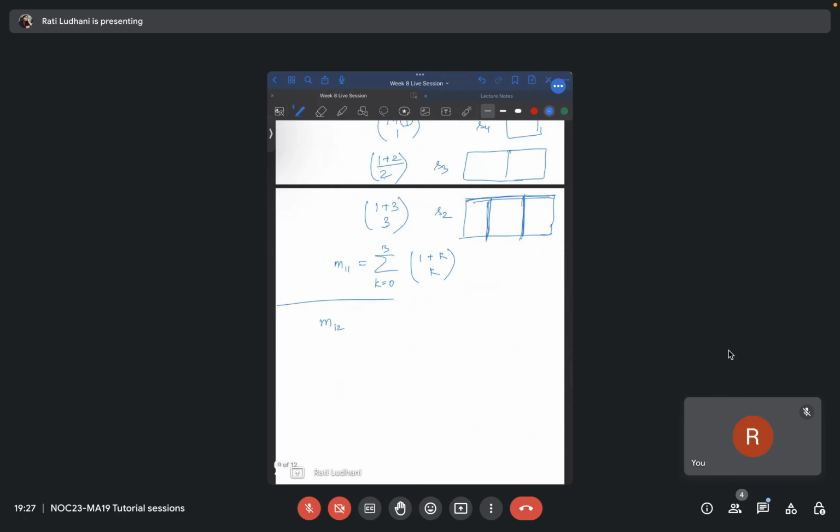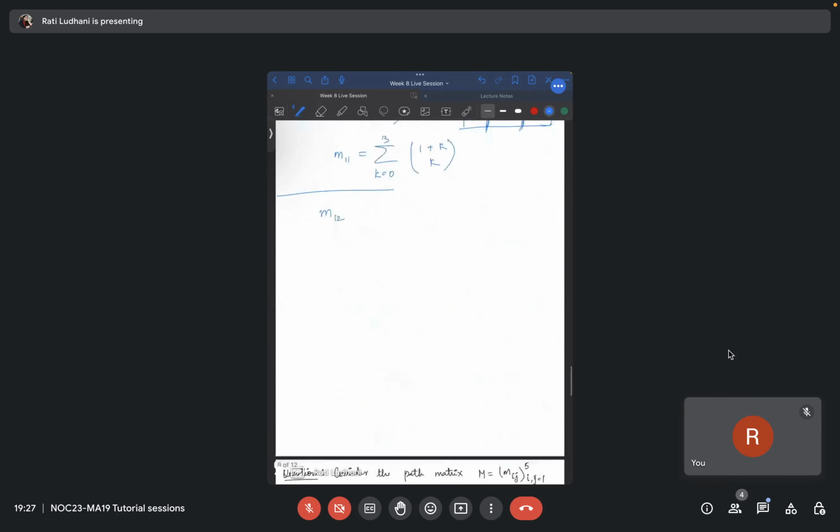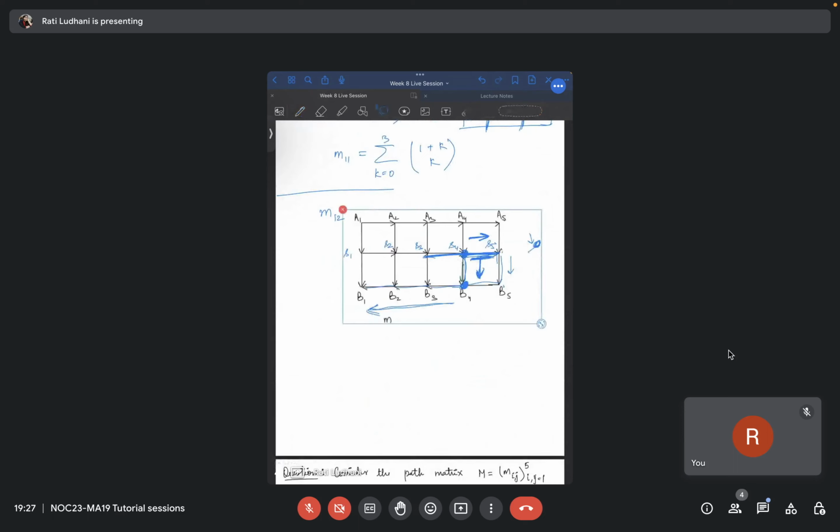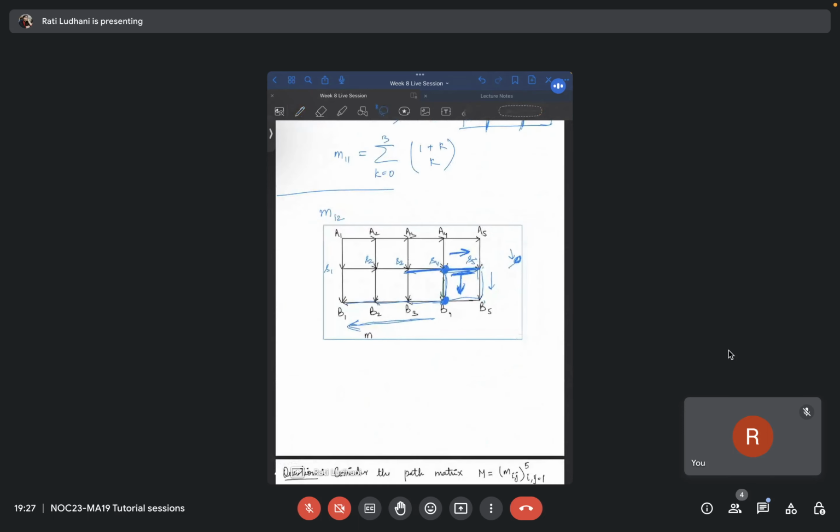So I'll copy it again. Yeah, so M12, let's see.